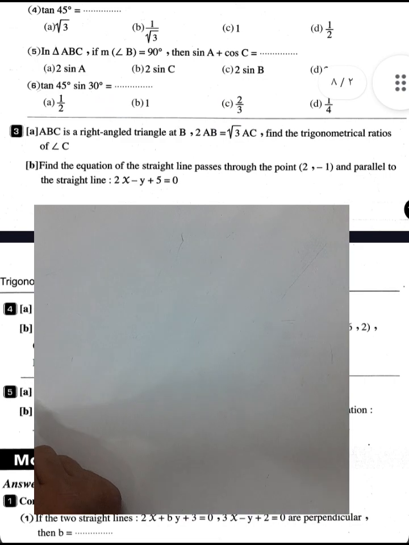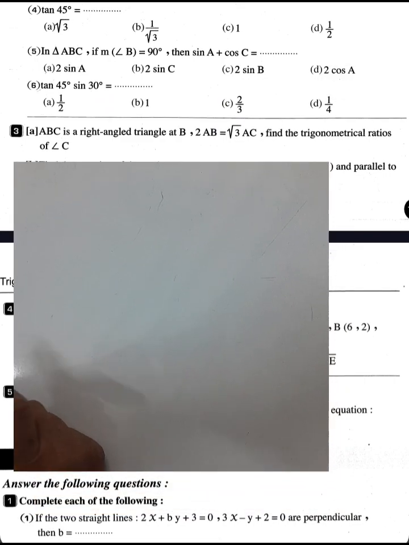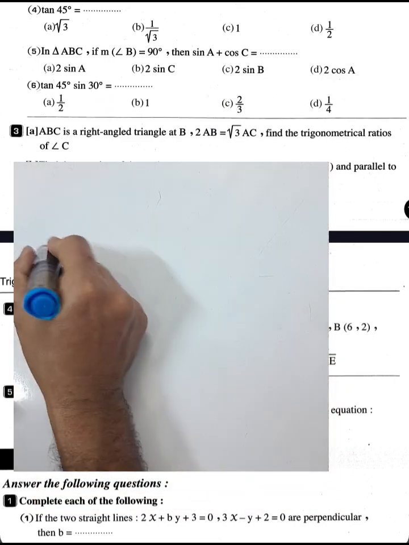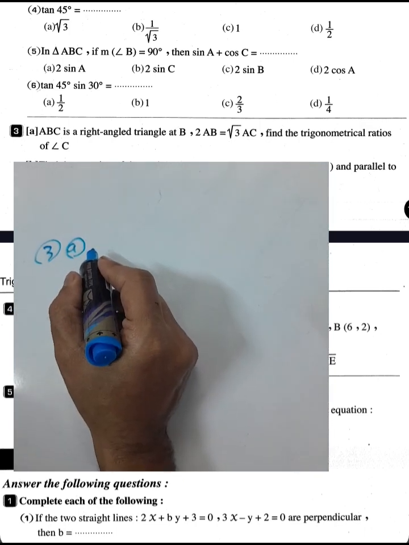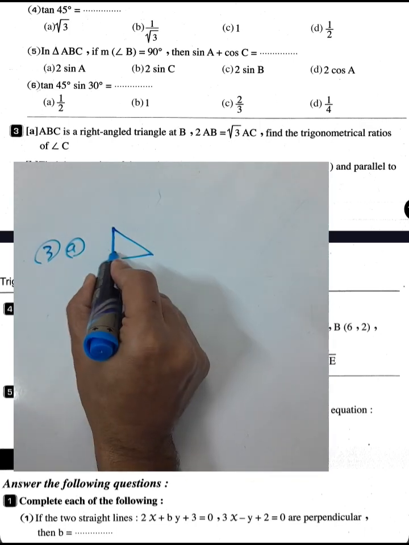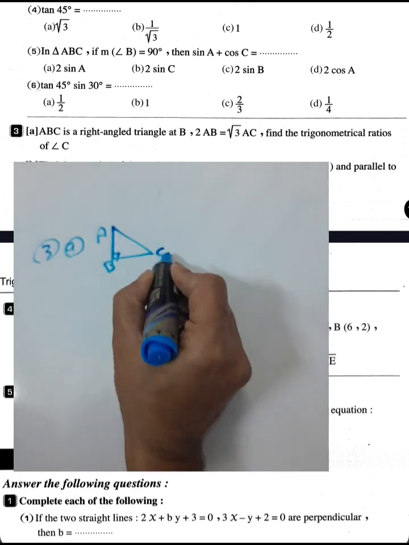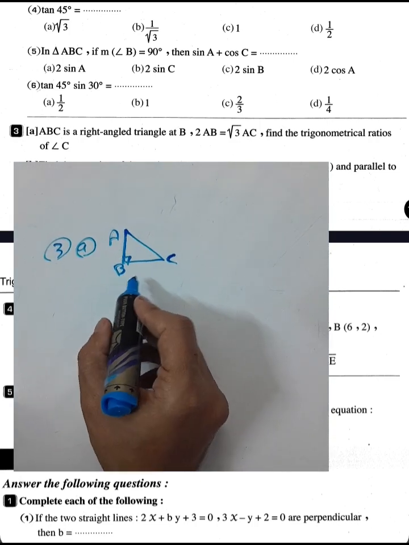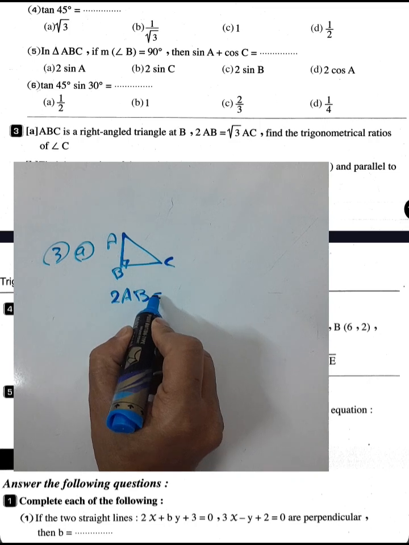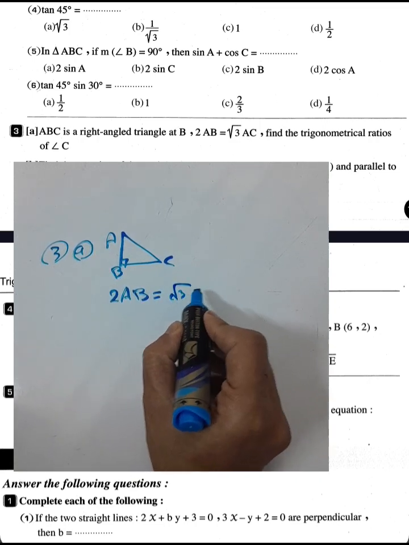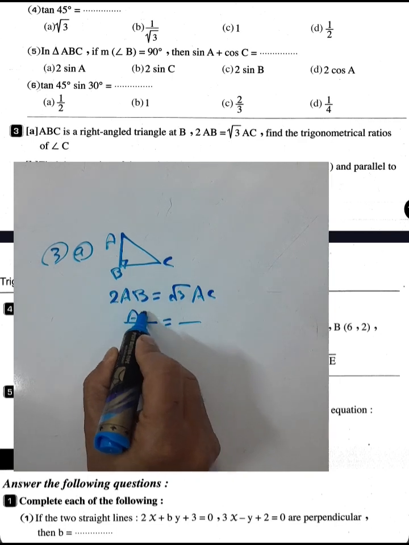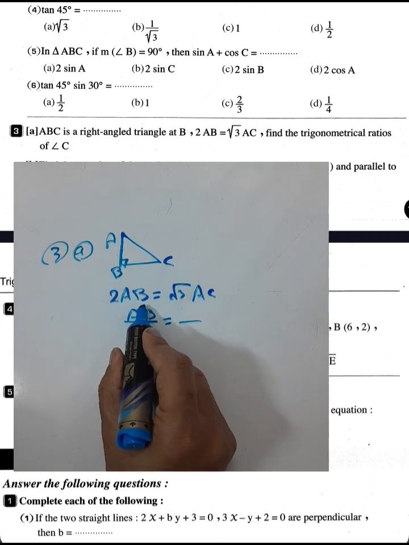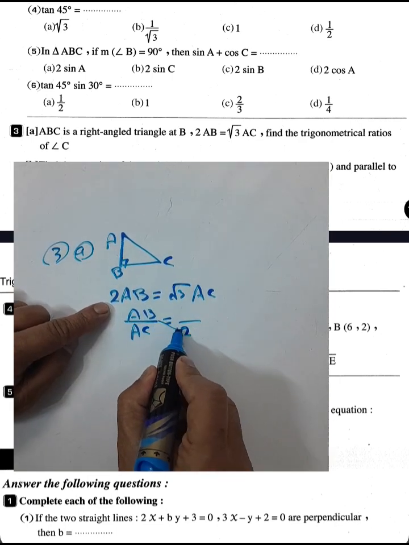Next example number 3. Letter A. In triangle ABC, right angle triangle at B, and twice AB equals root 3 of AC, then we can write the ratio between AB and AC. AB times 2, the product of extremes equals the product of means.